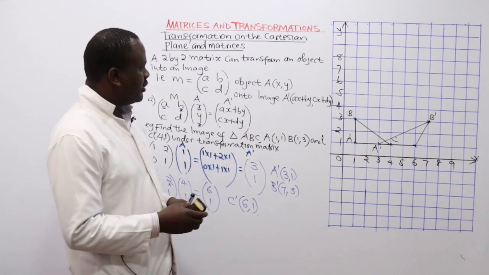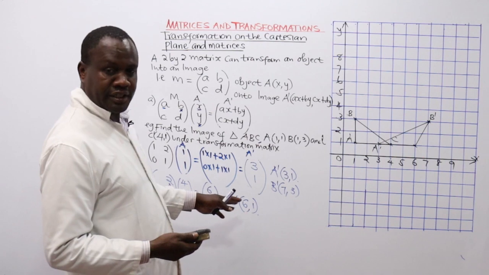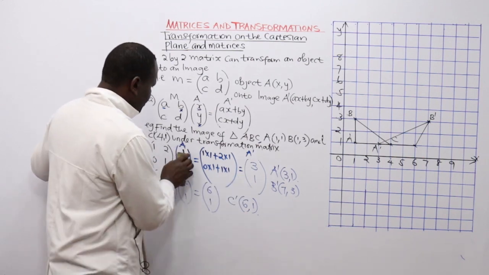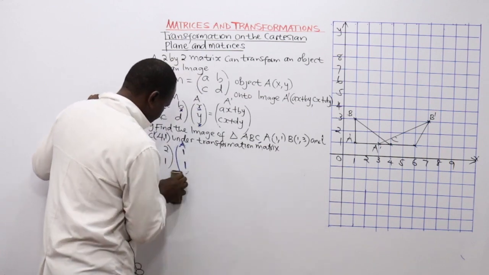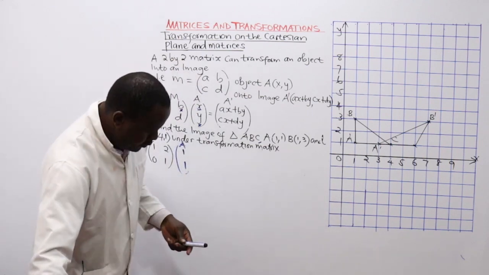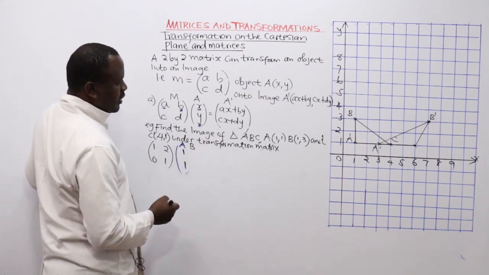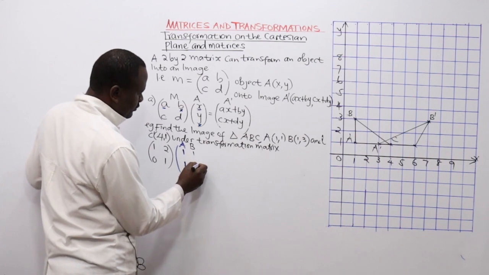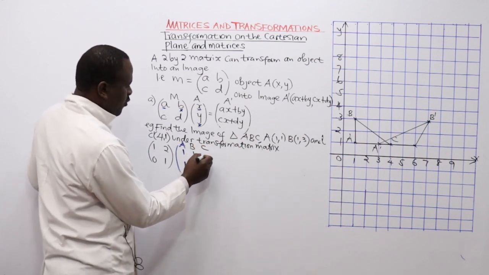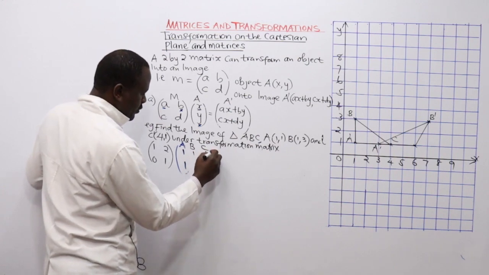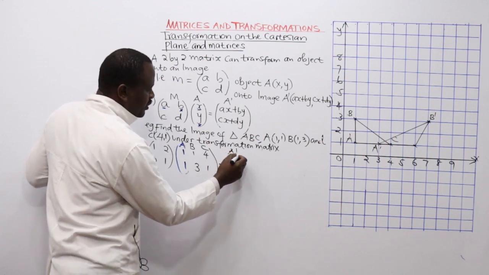Or we can do it once instead of doing it step by step. This is what we can do. We can write here B as 1, 3 to save us time. C is 4, 1. Now, the image will be here.